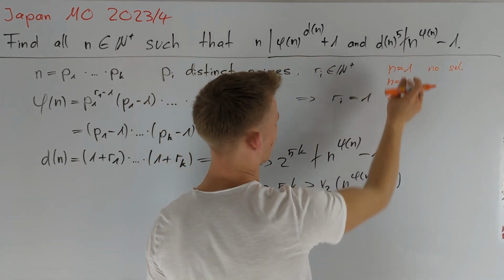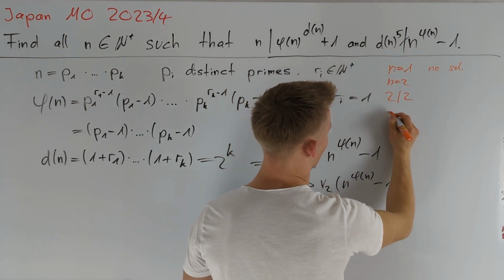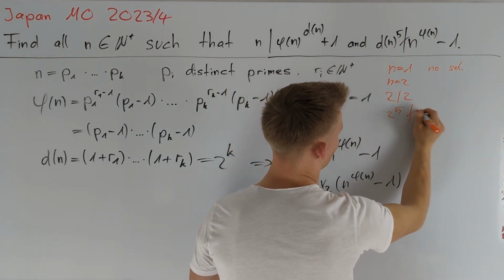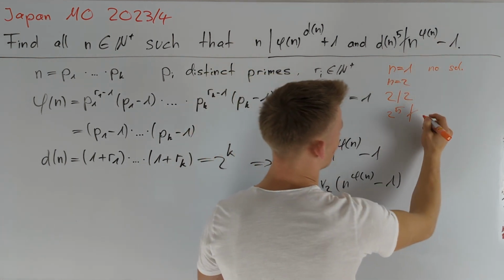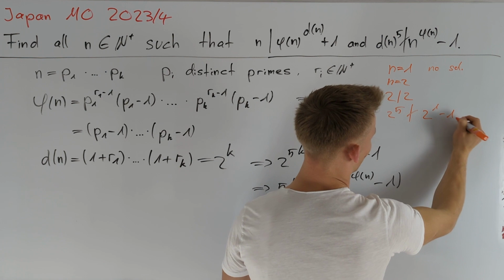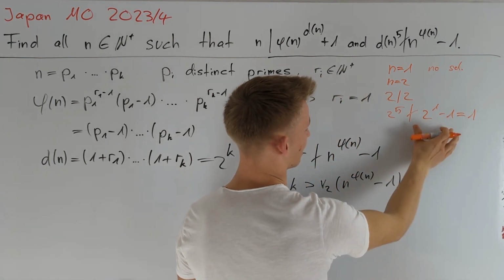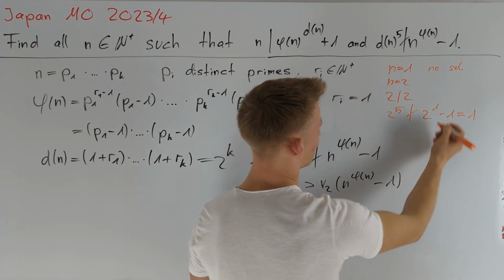For the second condition we have that d of 2 to the power of 5, which is 2 to the power of 5, should not divide 2 to the power of phi of 2 minus 1, which is 1 minus 1, so the right hand side is equal to 1, and this clearly holds.